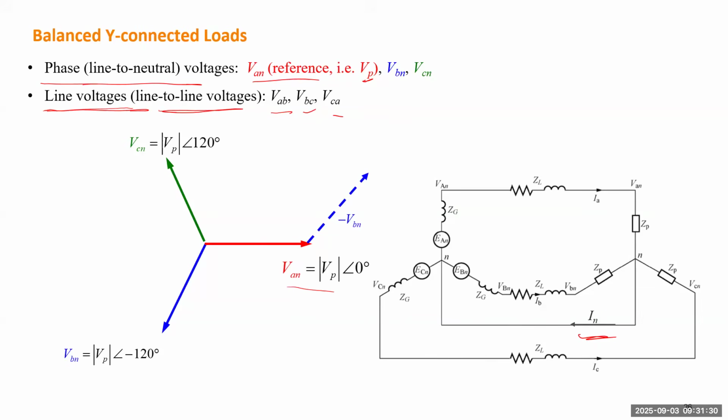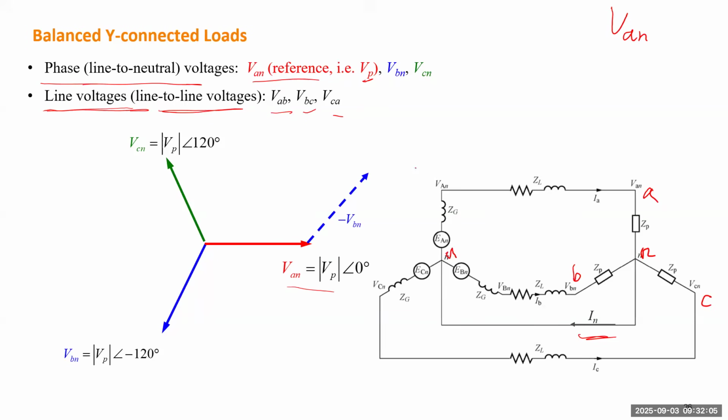If you create another phasor, VNA, it will be opposite to VAN, right? So VAN basically tells how much higher the A terminal is than N. That makes it clear. So this is A, this is C, and this is B. And this is N. For the source side, this is also N because that's connected through a line.